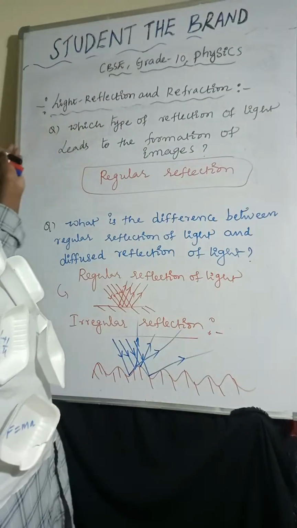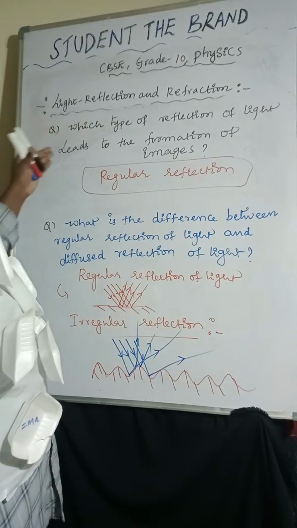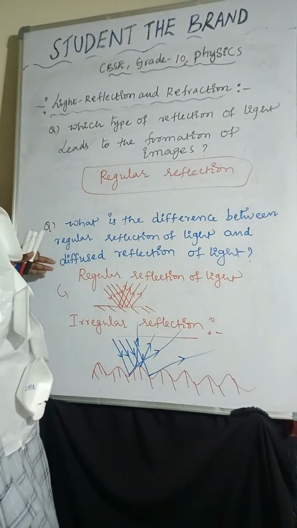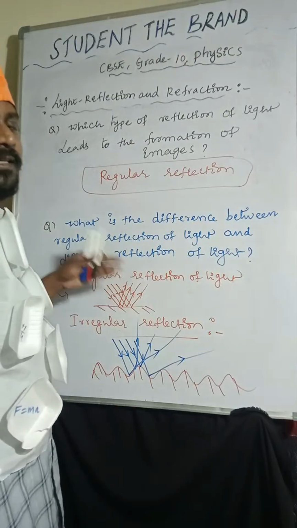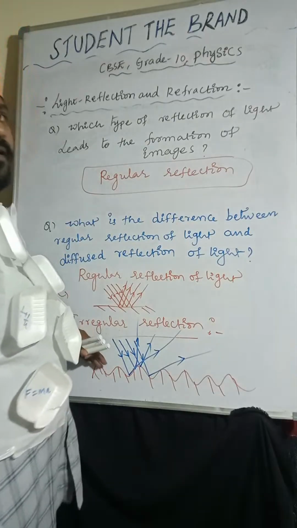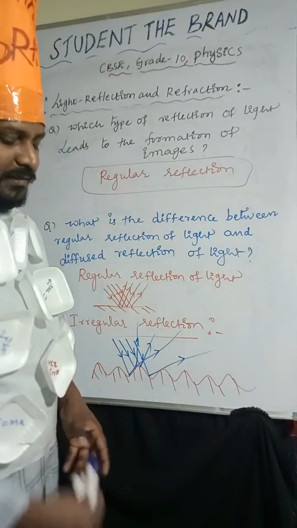Which type of reflection of light leads to the formation of images? Regular reflection. And what is the difference between regular reflection and irregular reflection? In regular reflection, the incident and reflected light rays are both parallel to each other, whereas in irregular reflection, the incident light rays are parallel but the reflected light rays are not parallel to each other.